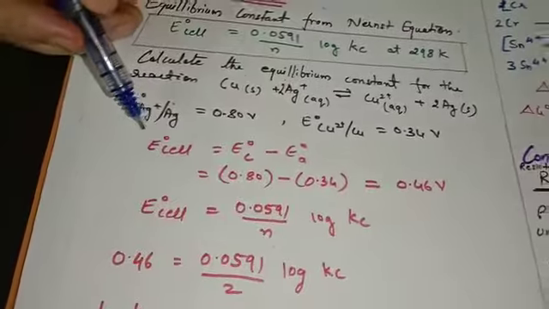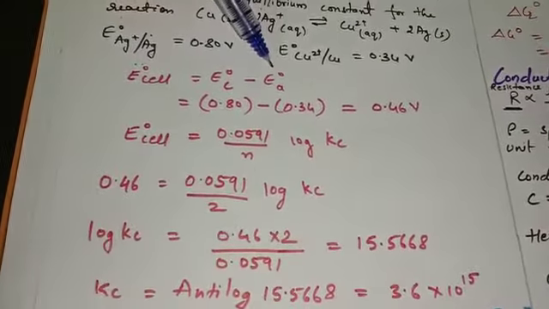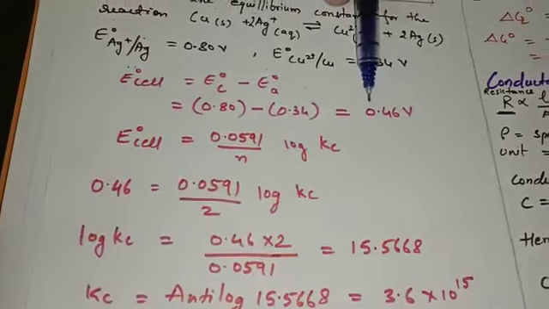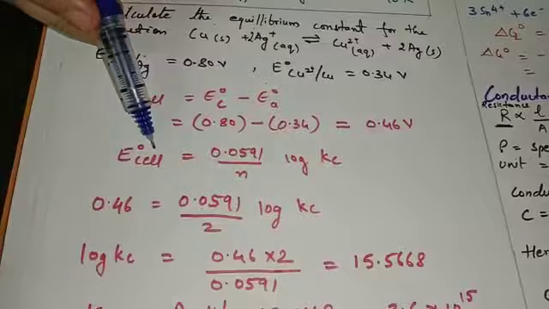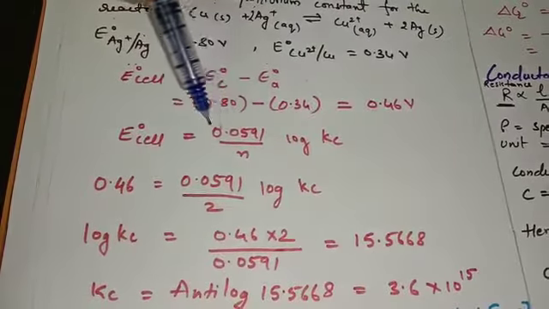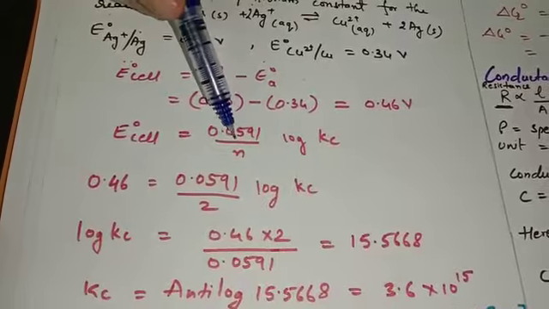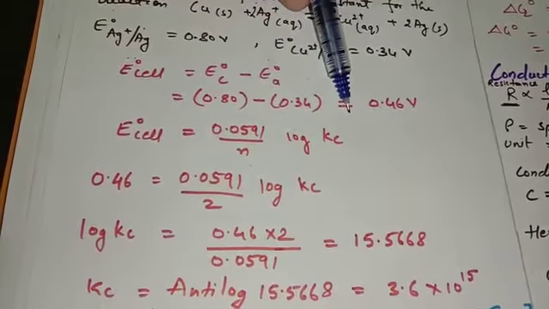The first task is to get the value of E naught cell. So E naught cell is equal to E naught cathode minus E naught anode. Here you are going to get the value 0.46 volt. Second step, E naught cell is equal to 0.0591 upon n log Kc. I have to calculate the value of log Kc.